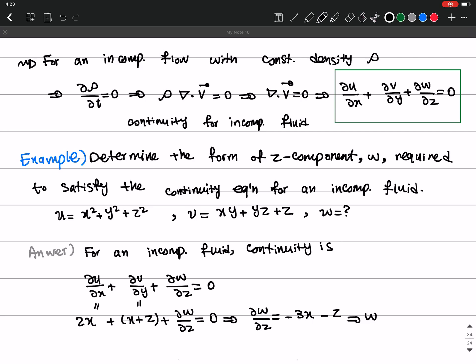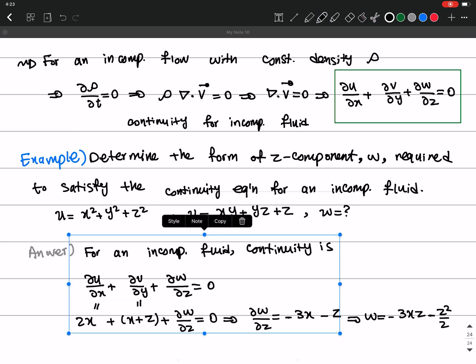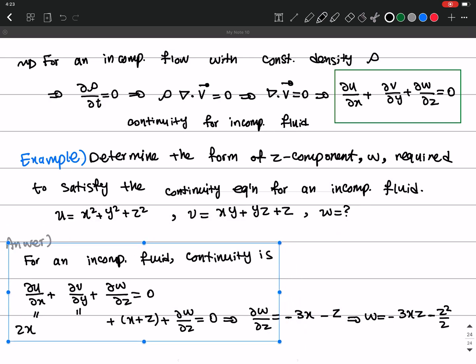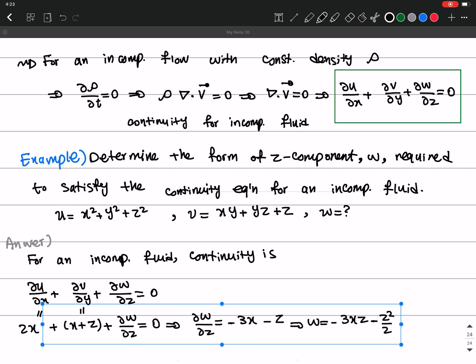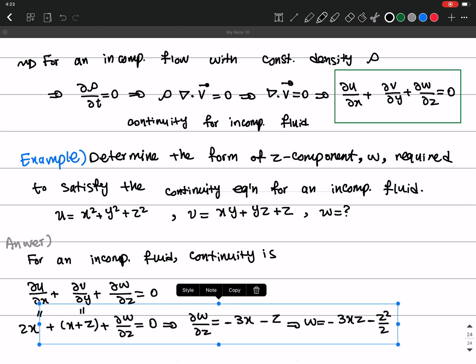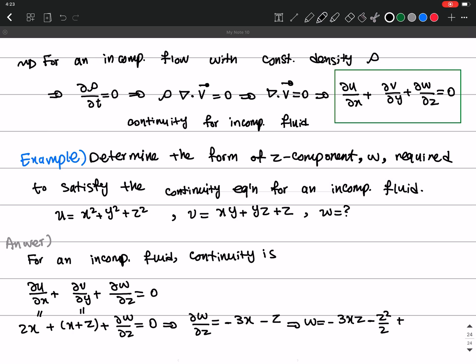So w, you need to integrate this, is going to be minus 3xz minus z squared over 2, plus a constant of integration, which is a function of x and y.